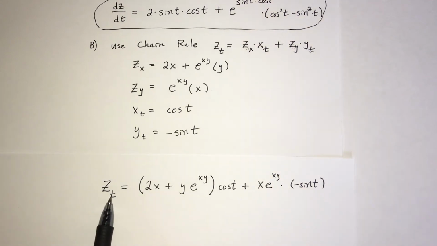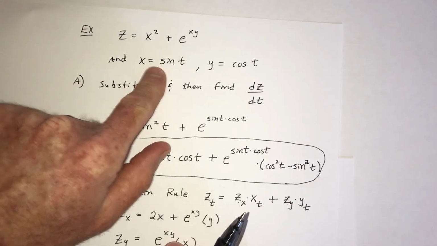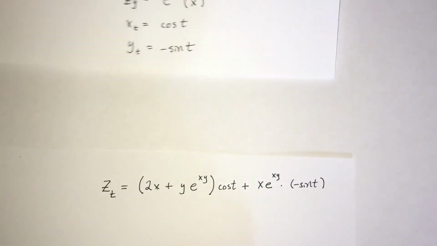Now, the only problem is this is saying that t is supposed to be the variable. So that means I need to replace all these x's and y's with x is equal to sine, y is equal to cosine.